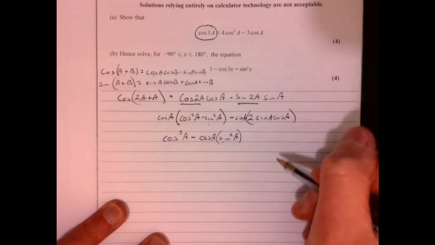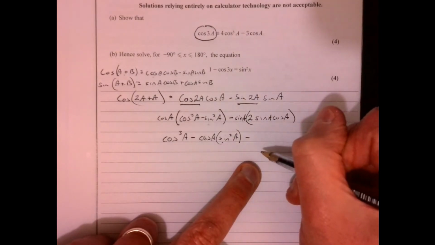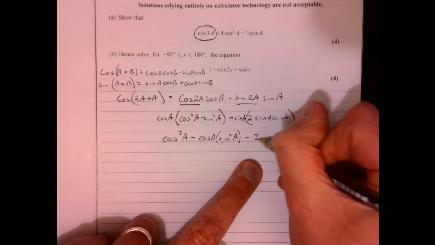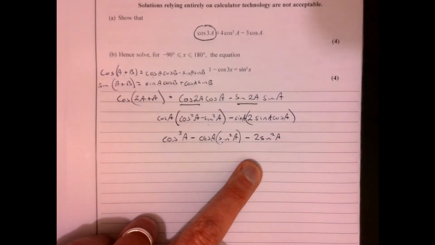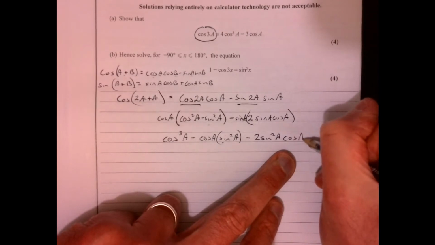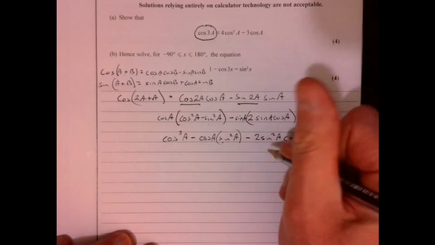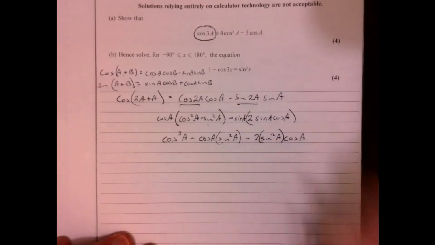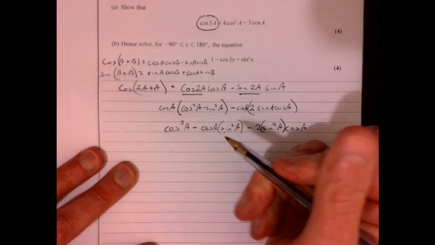And then over here we've got 2 sine squared a times cos a. Let's swap these with 1 minus cos squared.